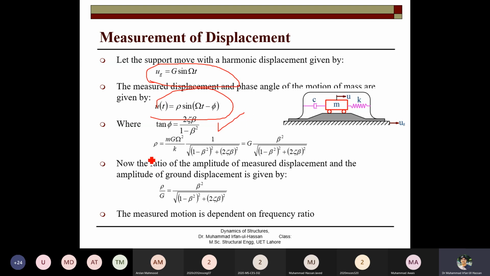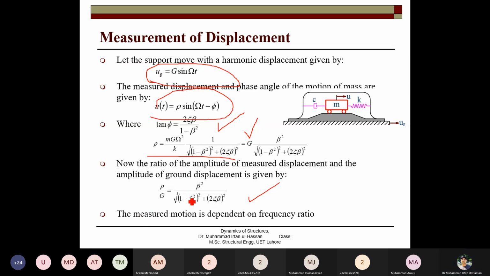I have also told you that rho is the amplitude in the case of ground vibration, where G is the value of the ground motion, and sine omega t is the function by which the ground motion is varying. So you can compute rho as this one, and the ratio of rho over G is the transmissibility, and it is given by this one, dividing rho by G.